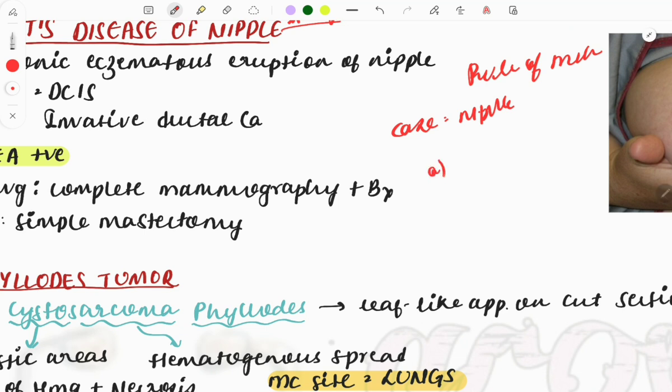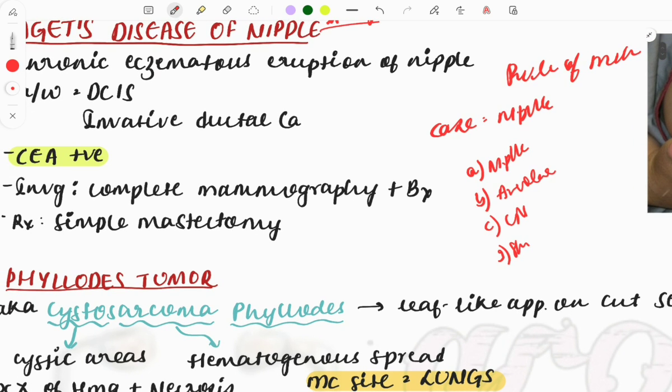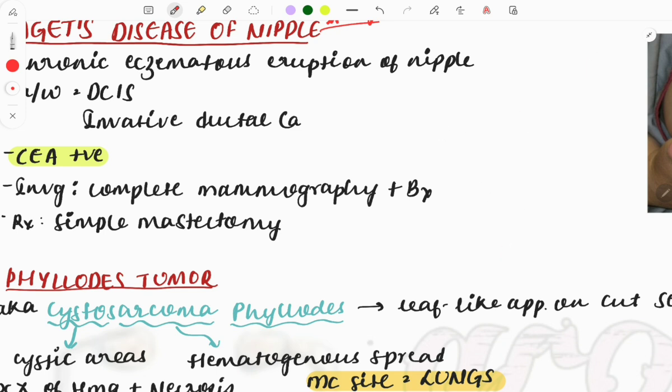They can describe nipple, then areolar tissue, lymph node, skin, or chest wall or ligament of Cooper, something like that. Using the rule out method, you can rule out the other options, since Paget's disease is a disease of the nipple, because skin will not be involved in this case, areolar tissue will not be involved in this case, and likewise you can come to a conclusion.